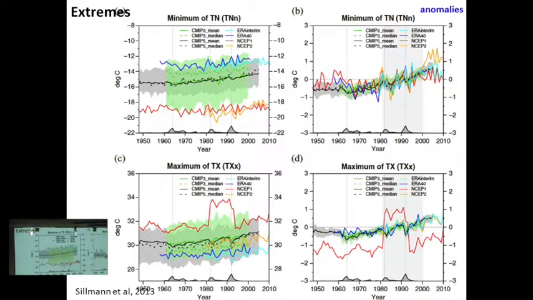Okay, only to change the colors. And then the model is underestimating the minimum value, or it's overestimating, because here are negative values, okay? But the tendency is the same.